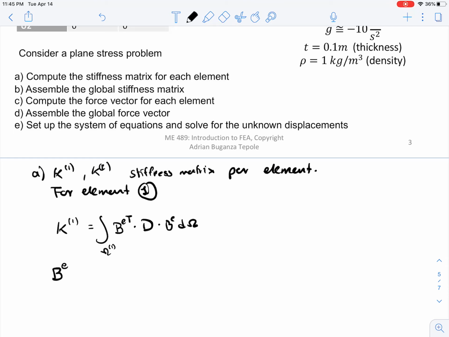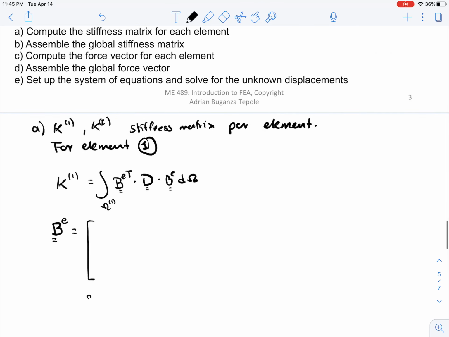And if you remember from the lecture on Monday, the B matrix in general, just to recap, is a 3 by 2 times number of nodes matrix, which has partial derivatives.